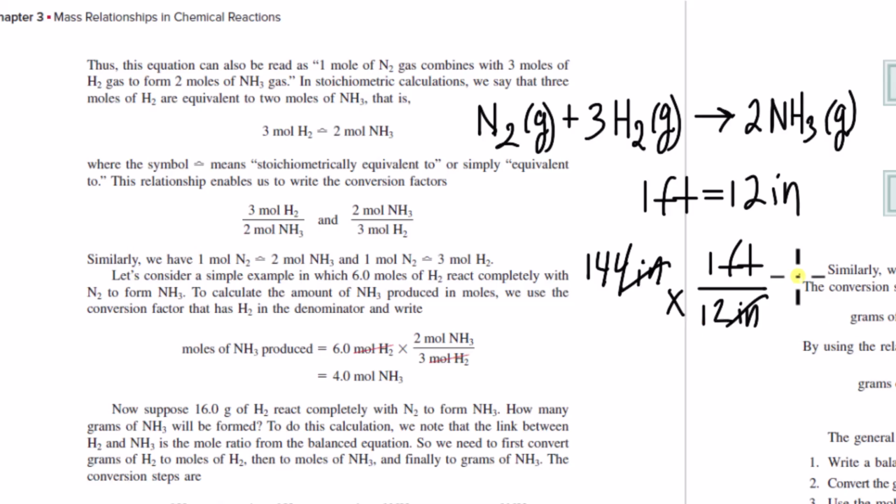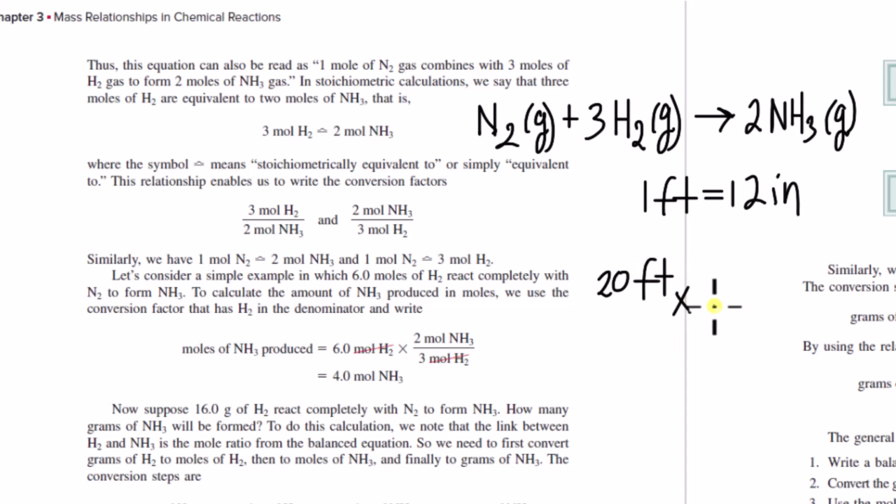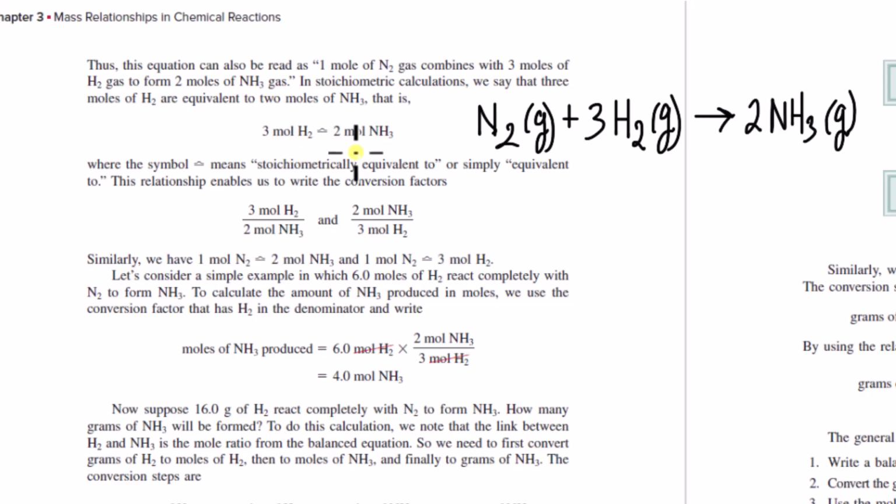But you can go the other direction as well, right? An equality goes in both directions. If you want to convert from feet to inches, so 20 feet, how many inches is that? Then you would say 1 foot. There you go. That's how we're going to use these stoichiometric equivalencies when doing stoichiometry.